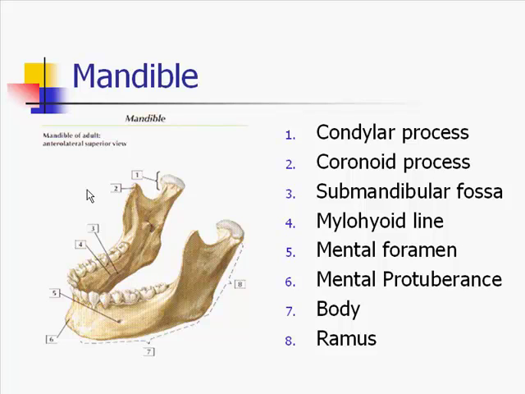Mandibular notch is between 1 and 2. Coronoid process, that's where the temporalis muscle is attached. 3, what it's pointing at, is the submandibular fossa.